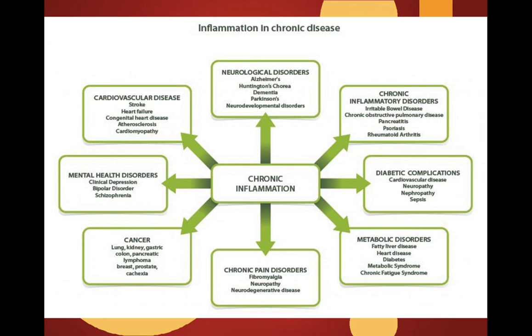And we can try to limit and down regulate the amount of chronic inflammation, and lifestyle can help us do that. Foods can also help do that. Foods can make your body more inflamed. There are certain foods that are more pro-inflammatory, and there are certain foods that have an anti-inflammatory effect.